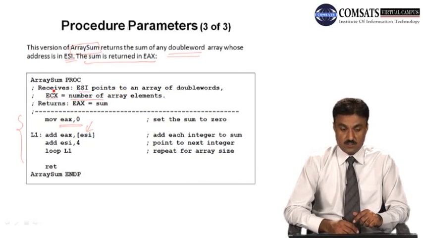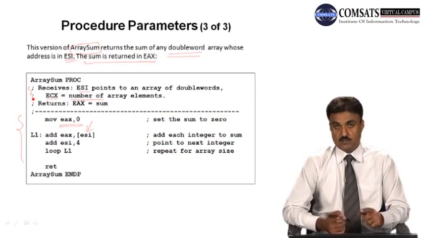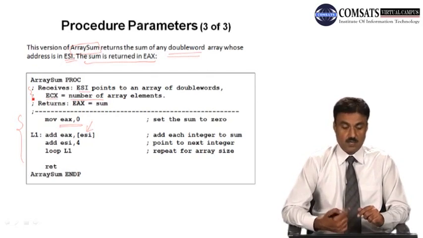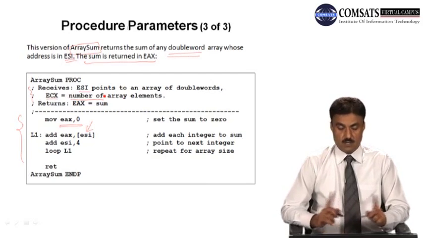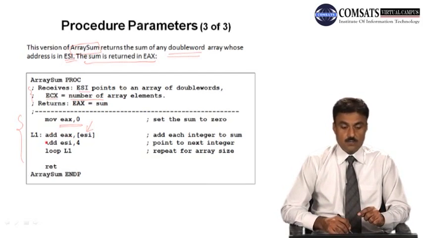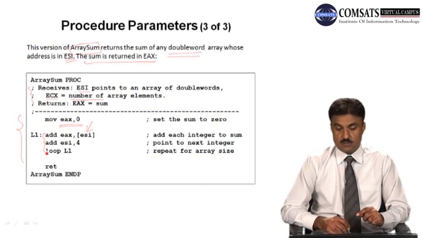These are the received variables which we use inside the procedure. In this simple procedure, we use ESI and we increment ESI, and this body is almost similar, the 3 steps. So they will perform execution.